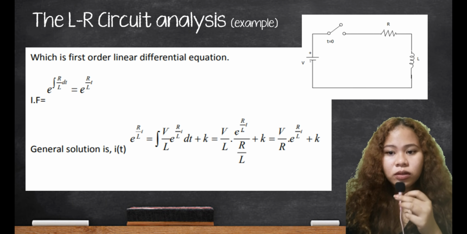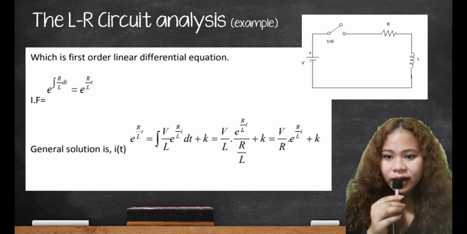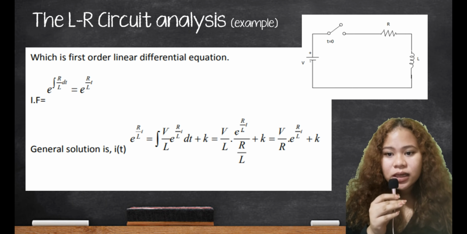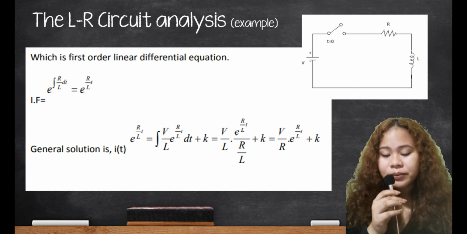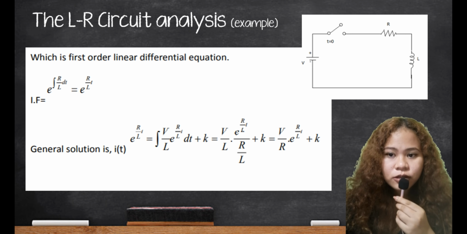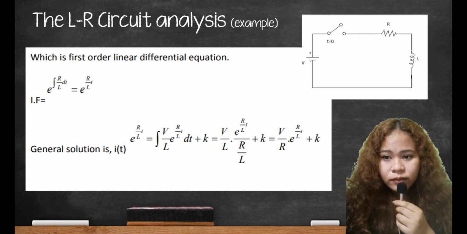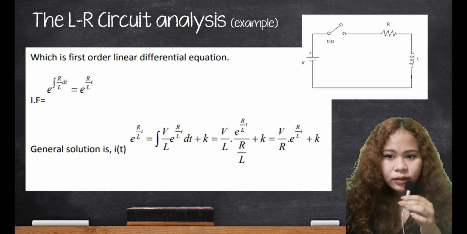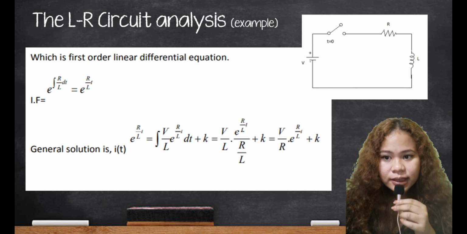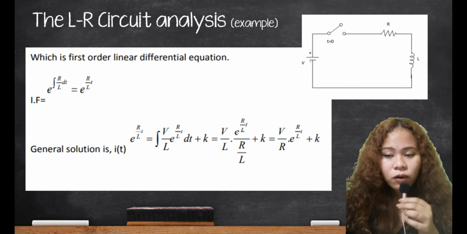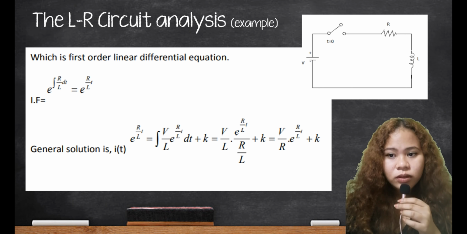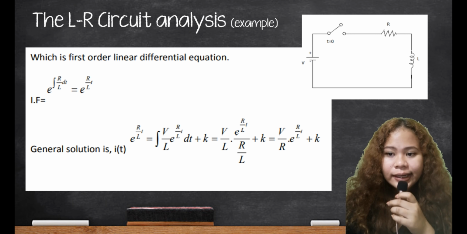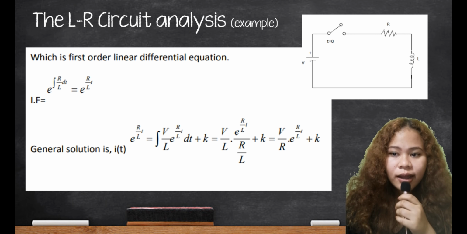Now, the integrating factor IF is equal to e to the power of the integral of R over L dt, which is equal to e to the power of R over L times t. Now the general solution is e to the power of R over L times t is equal to the integral of V over L times e to the power of R over L times t dt plus k.